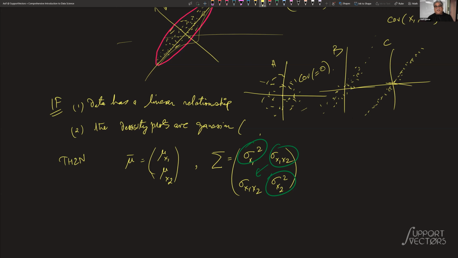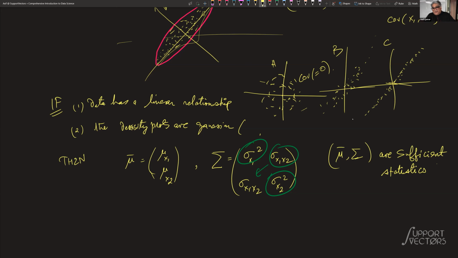I hope not. Okay, so then mu and sigma are, the word is sufficient statistic. So what is sufficient statistic? It's a formalism in statistical theory. You say that it has captured the essence of the data, right?